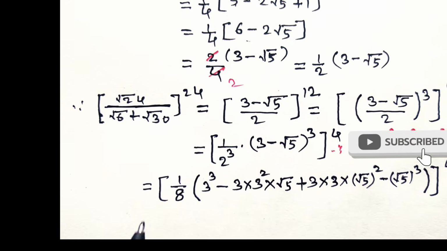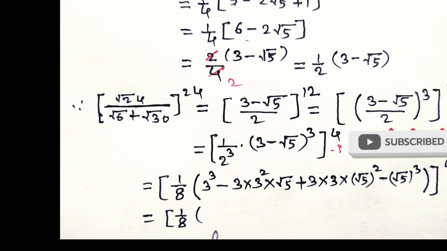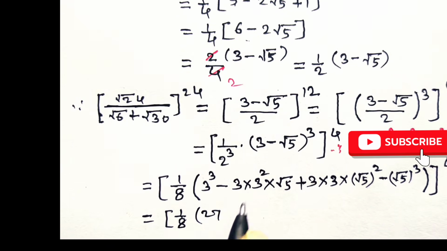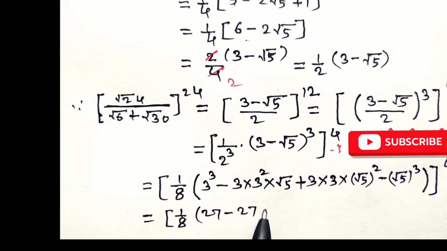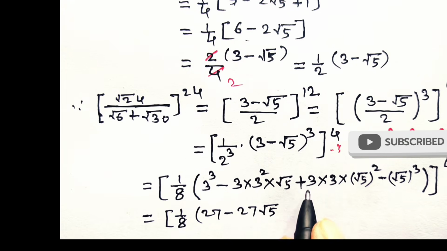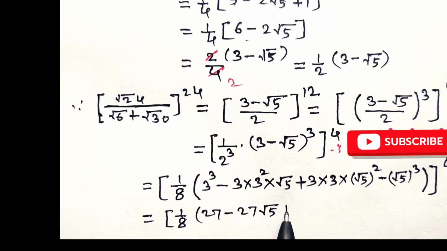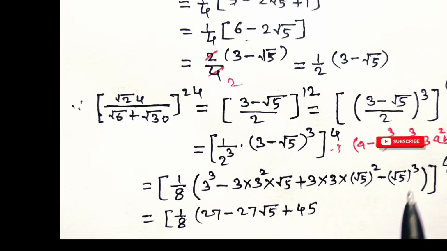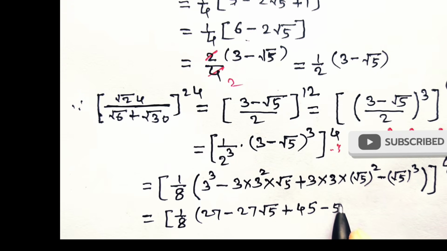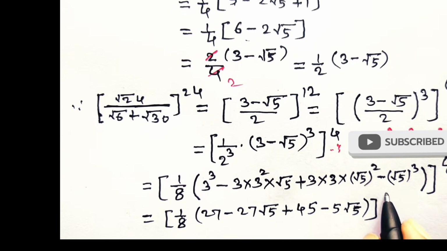Simplify this. So this is equal to 1 upon 8, 3 cube is 27 minus 3 into 3 square, 27 root 5, plus 3 into square root of 5 its square, plus 45, minus square root of 5 its cube, that is nothing but minus 5 root 5, bracket close, and then its fourth power.